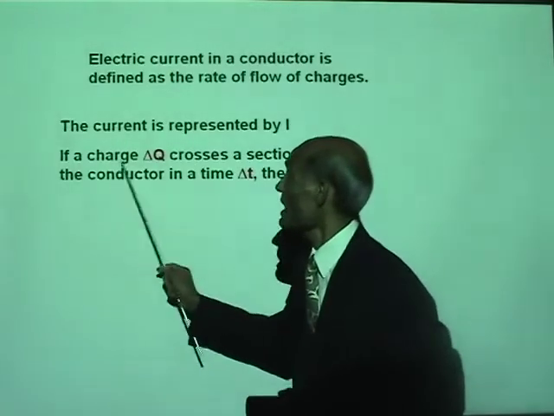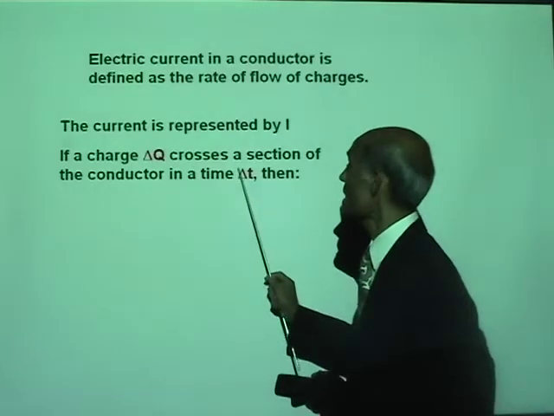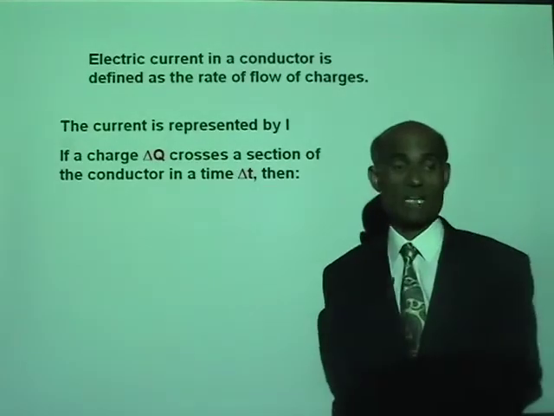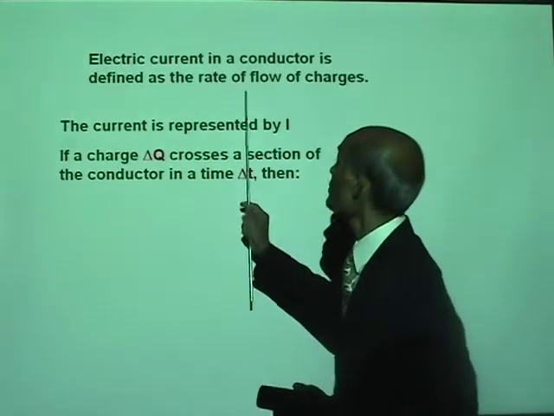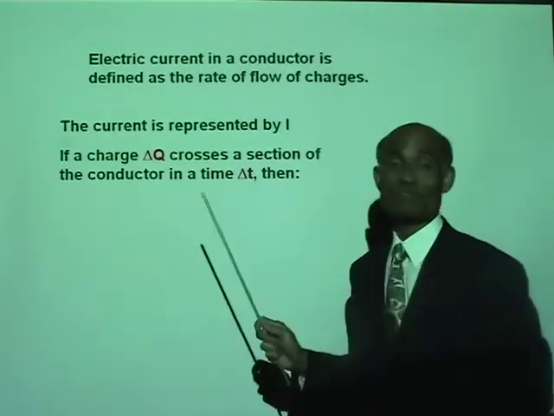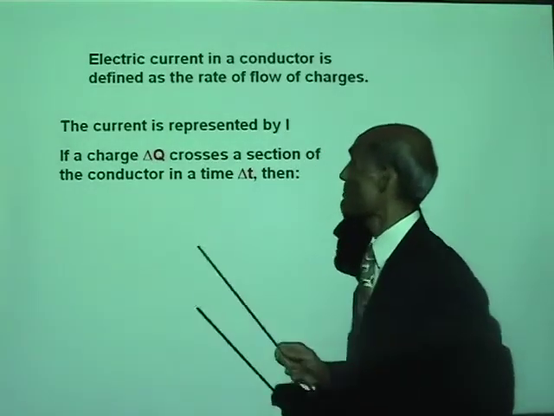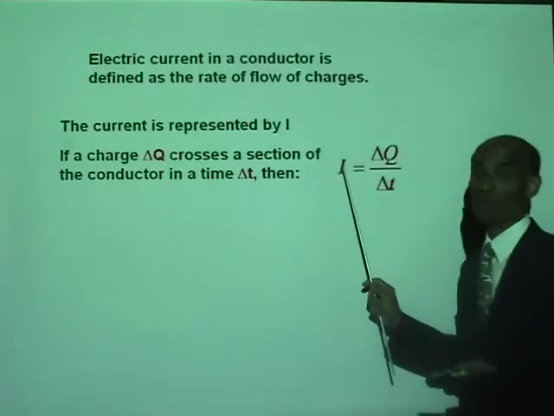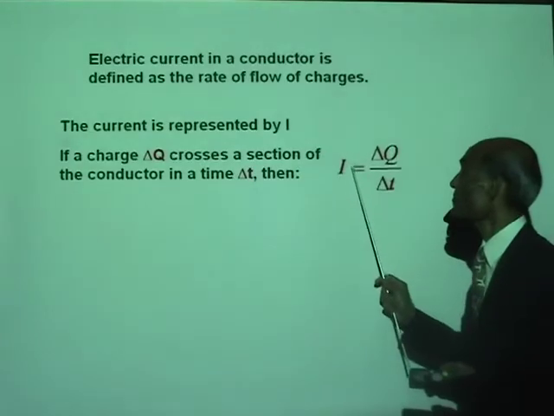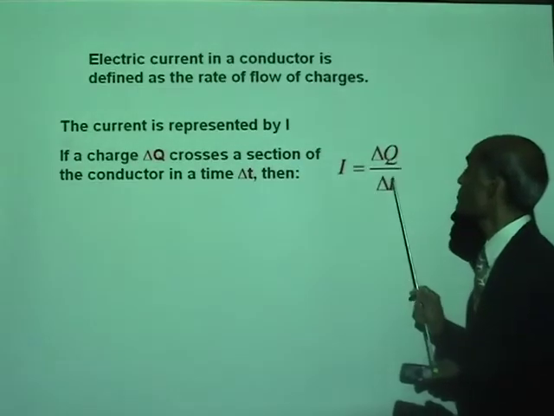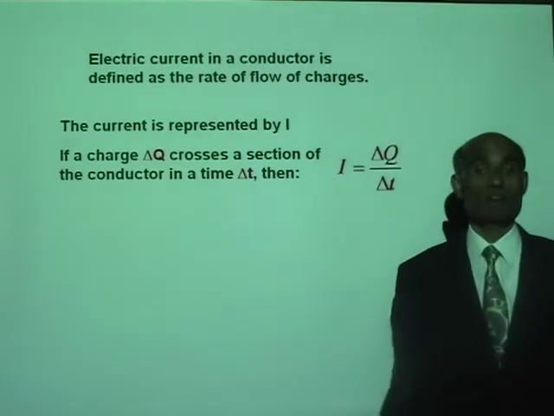So, if a charge delta Q crosses a section of the conductor in a time delta T, then what will be the definition of current? Current is the rate of flow of charge. So, I will be delta Q divided by delta T. Now, this is the basic definition of electric current. Electric current I equal to delta Q divided by delta T, the rate of flow of charge.